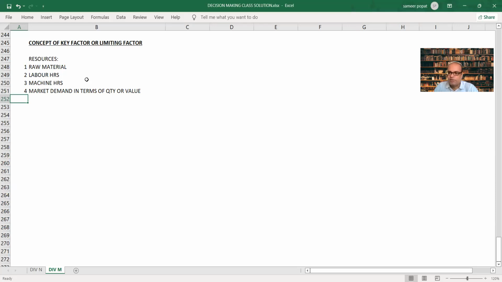So we are not able to manufacture all the products up to market demand. Now we need to allocate the limited raw material available to different products in such a way that the overall profit of the company will be maximum. And that we are going to learn in this key factor or limiting factor part.